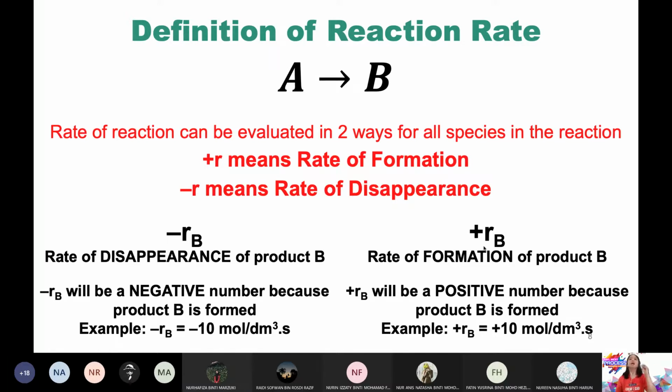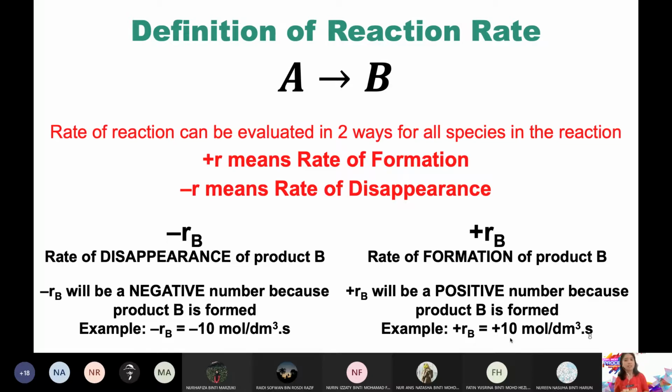Okay, saya nak kira kadar pembentukan, rate of formation of B, and when I check the reaction, B is formed. Nak kira kadar pembentukan dan betul memang B terbentuk. That's why the number is positive. Or you don't write positive pun tak apa, kita dah faham. Kalau tak tulis positive, kita faham. That means it's a positive number. So that's why you get positive 10 for rate of formation of B, but negative 10 for rate of disappearance of B.